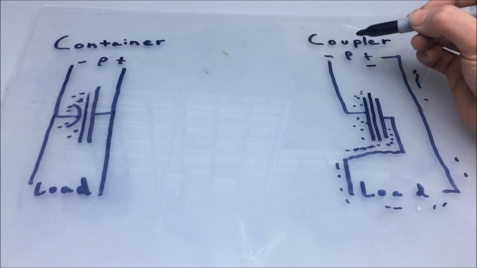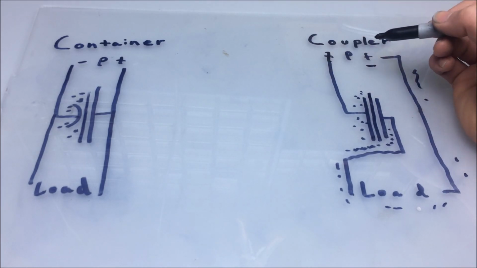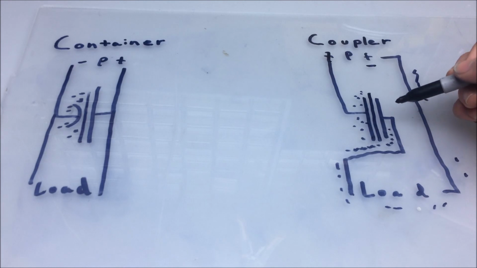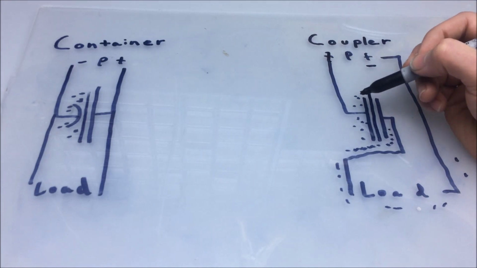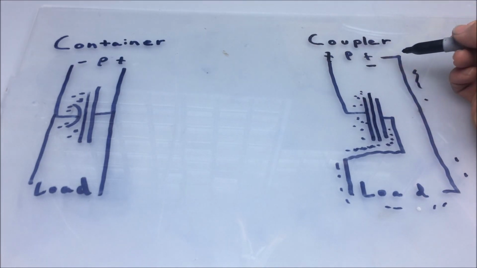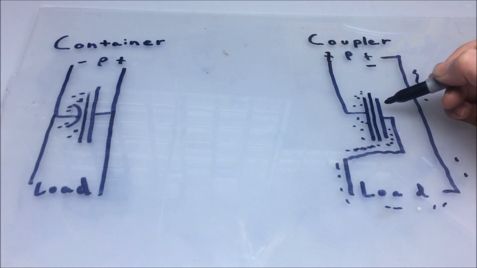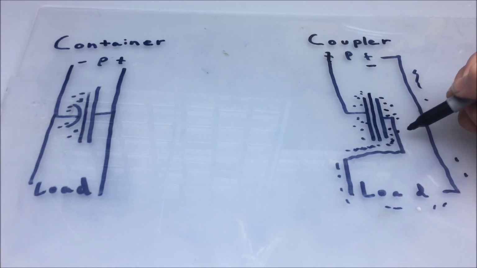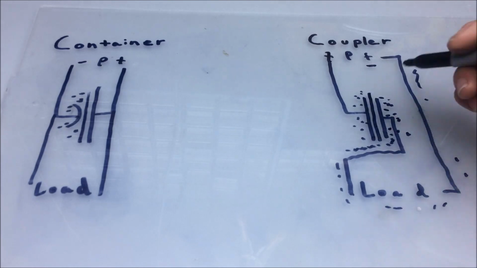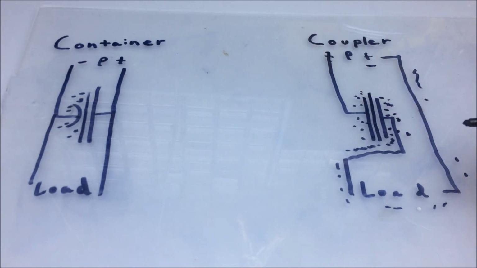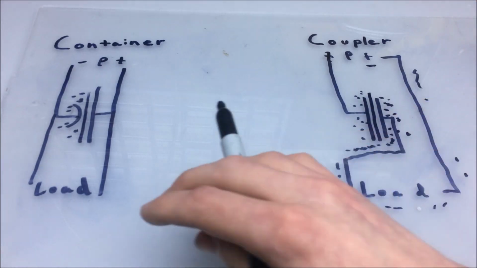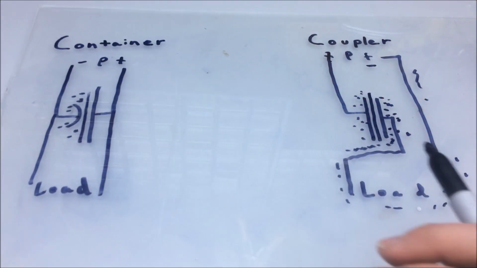So as soon as we put a negative here and a positive here, the electrons are going to rush the other way. They're going to be removed from this side. They're going to be drawn the other way through, and the electrons are going to be depleted on this side instead and removed from this side. So a coupler goes in series with the load, and a container goes in parallel with the load.